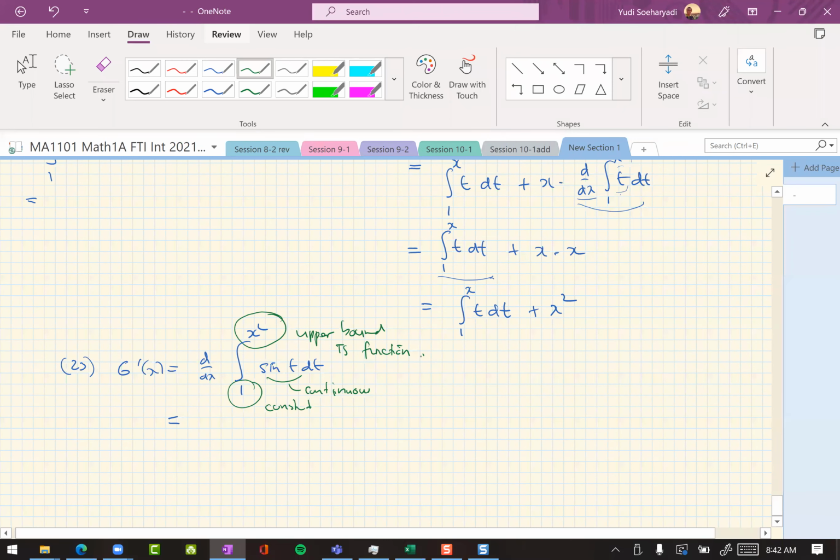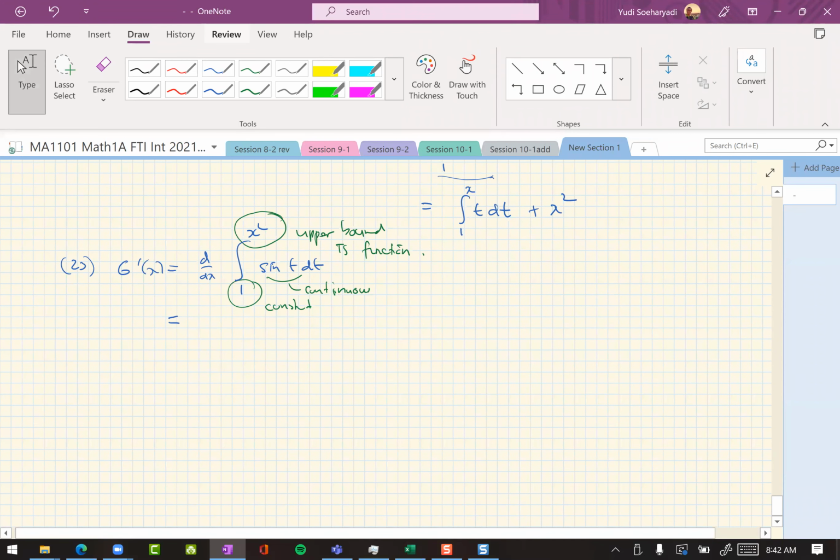So let's do this one here first. Let F of x be the negative integral from 1 to x of sine t dt. Okay. So the thing is, what is this one?